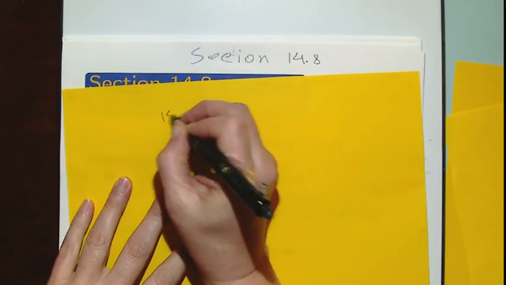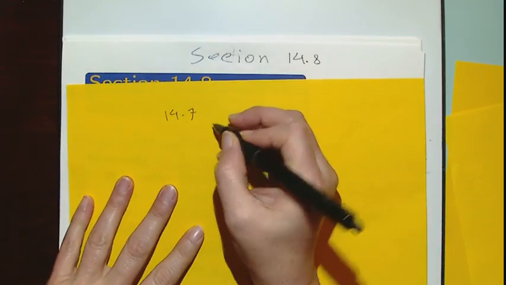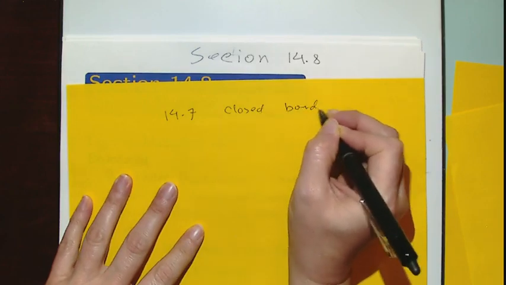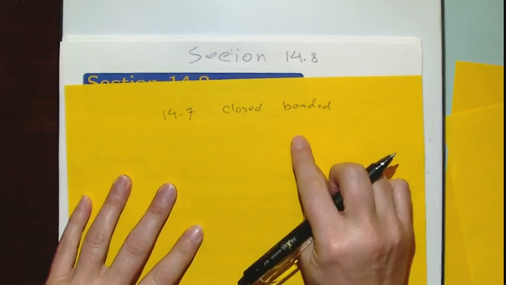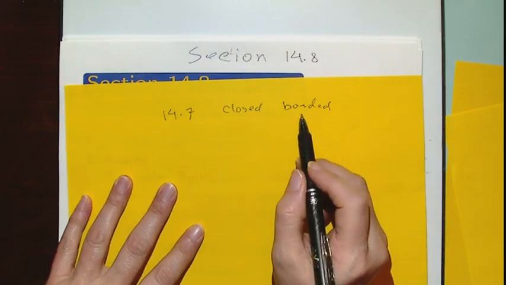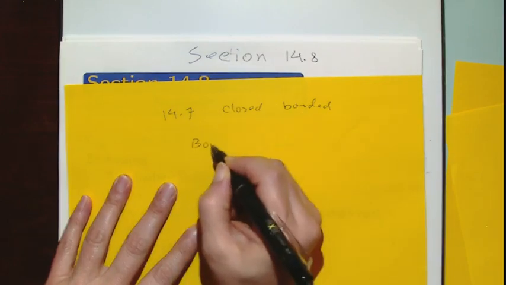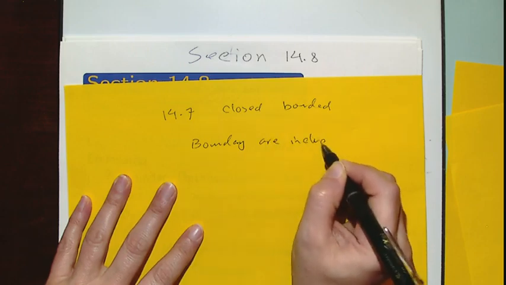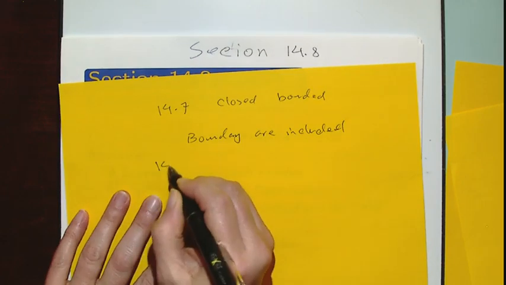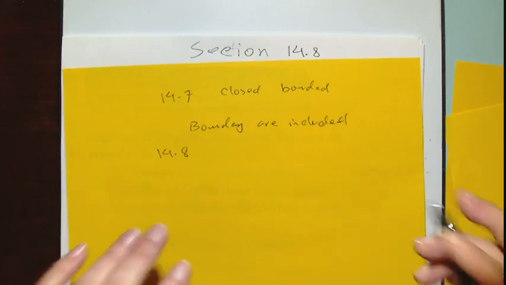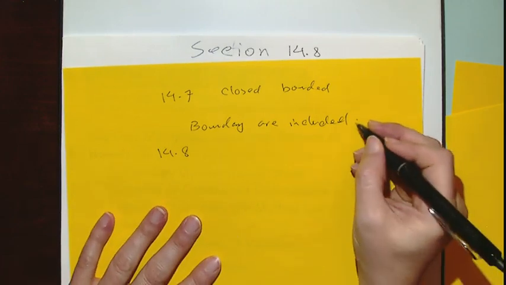In 14.7, we did closed and bounded method at the end. Now, when I say closed and bounded, it means the boundary is included. And you remember, boundary included required what?